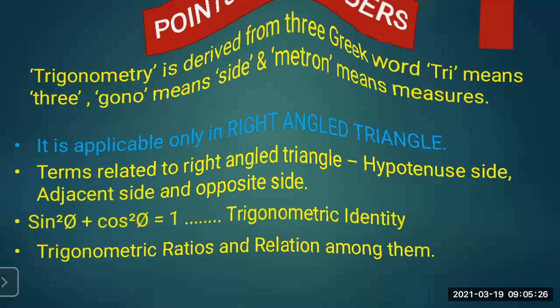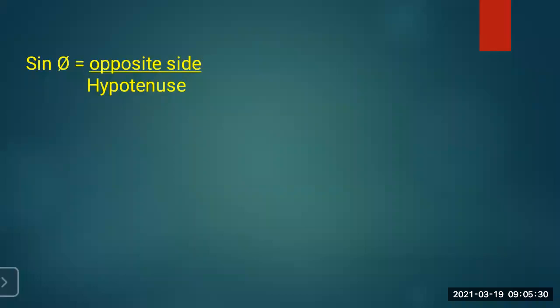Now, you have already done this, so we are just having a look at what things are there. Now, sine theta. Here I have not taken any degree or any name of an angle. I have taken theta as a Greek letter, a measure of the angle.